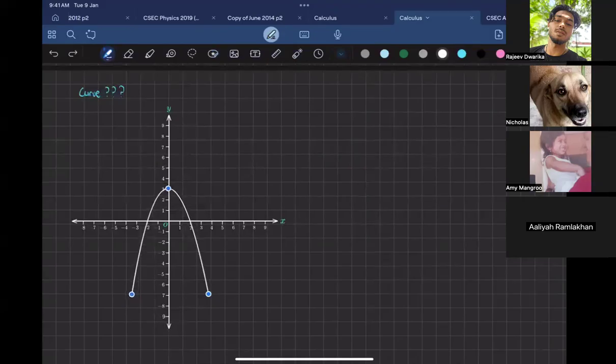Okay, Aliyah, gradient is the level of steepness. Let me take this point over here. What's the steepness at this point?